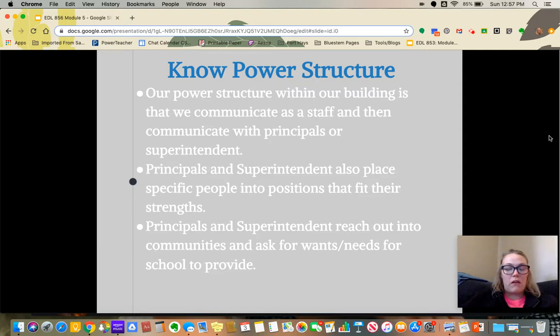For example, we have a teacher who has been a principal, but she came back to teaching, has a great love of curriculum development, and so they offered her a supplemental position to do our curriculum planning and stuff like that instead of having that be a principal or a superintendent chosen curriculum. I think that helps delegate so our principals and superintendents aren't getting overwhelmed, as well as putting people in places that they are good at.